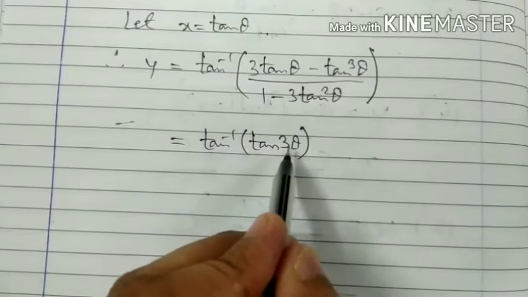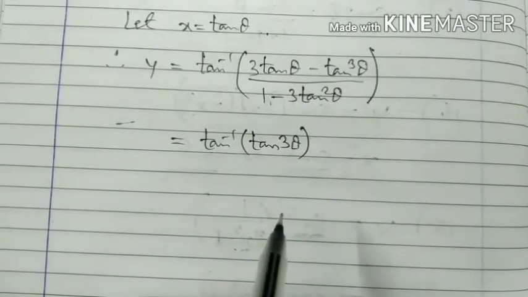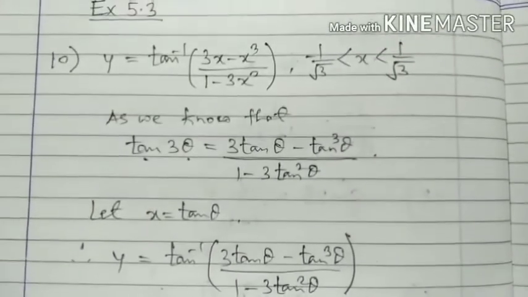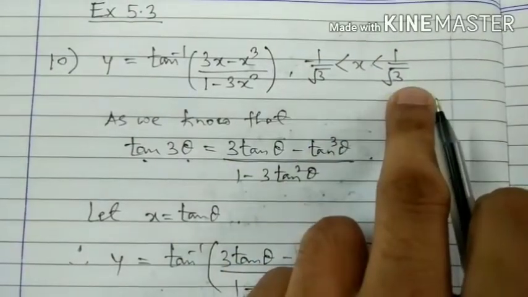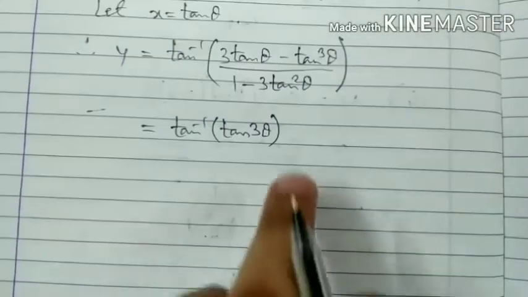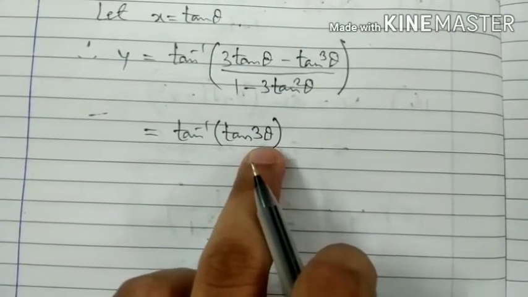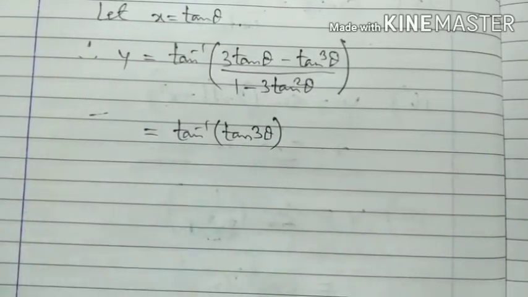So we have to show here that 3 theta lies between minus 90 and plus 90. This can be showed by using given condition given here. So from this condition we will find range of 3 theta first, and then we can show that 3 theta lies in range of tan inverse.